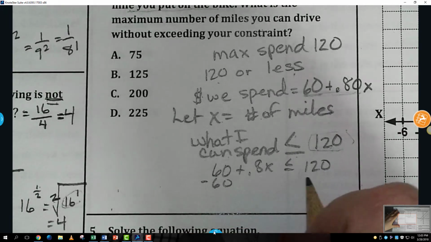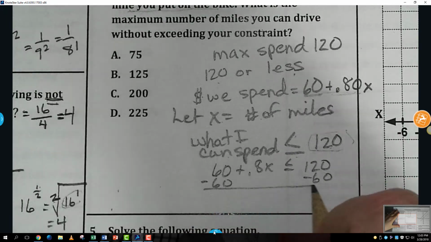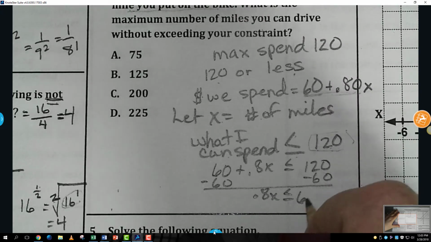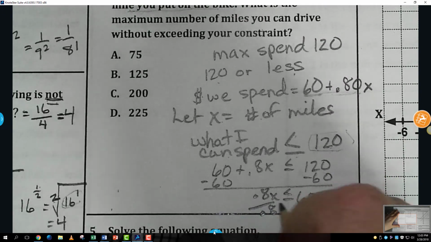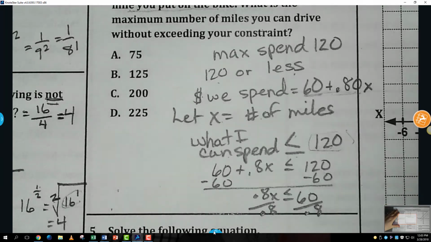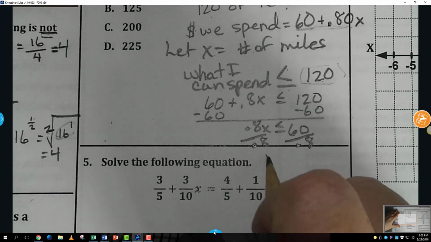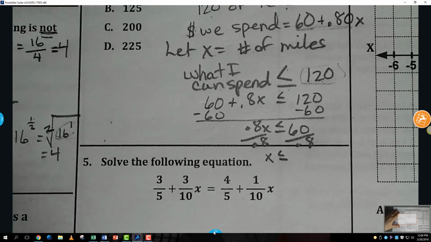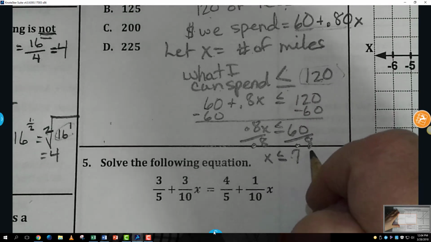Now I'm solving for X. And then 60 divided by 0.8 is 75.